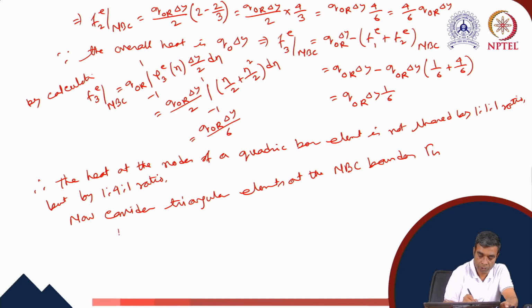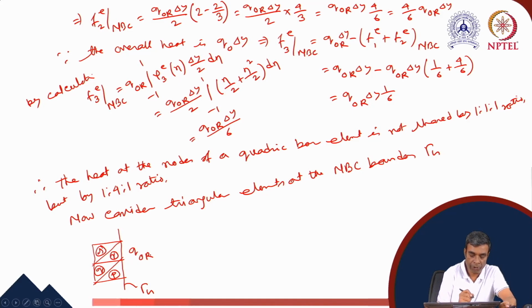Gamma h. So we have triangular elements of this type. This is element P, element Q, this is element R, this is element S, and the heat flux specified is Q0R.